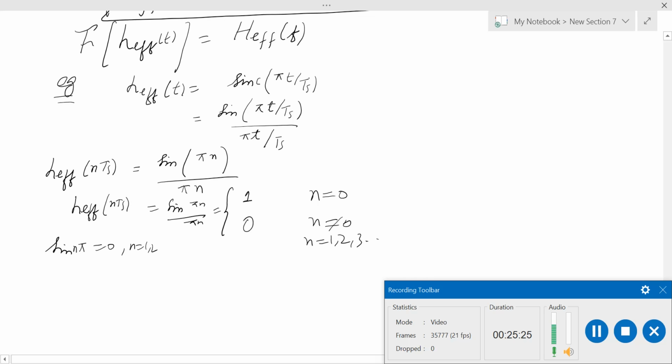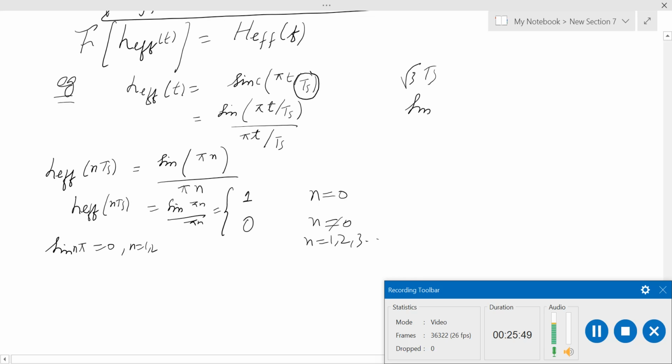So here you have to choose this Ts, and you have to write the sinc function properly. If instead of Ts you write some other time, suppose you write root 3 Ts, then this will not work, right?